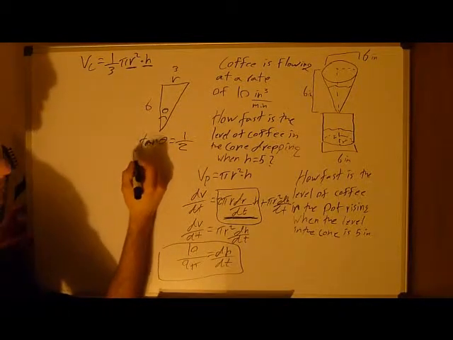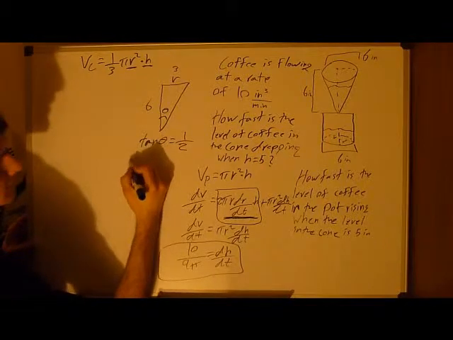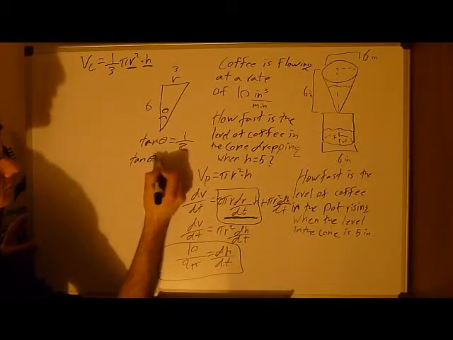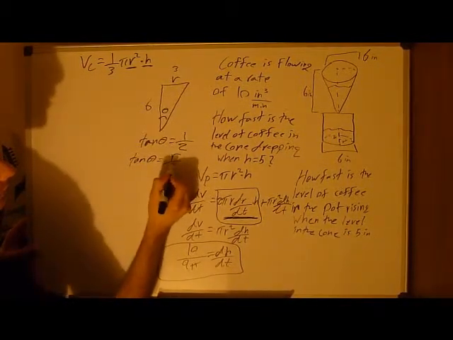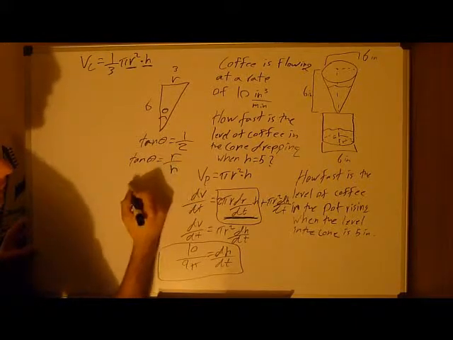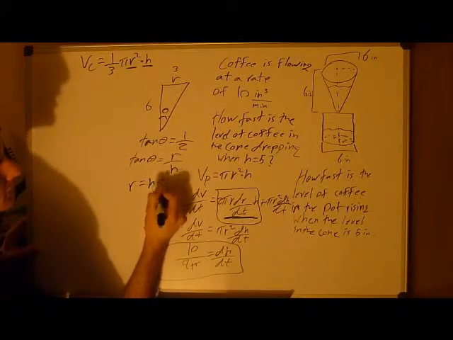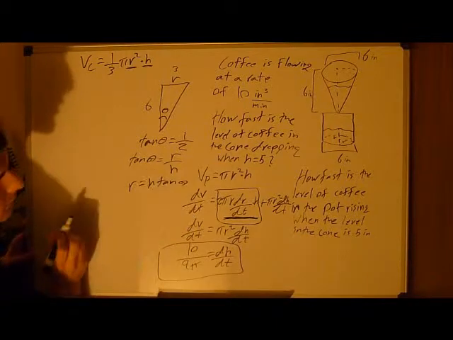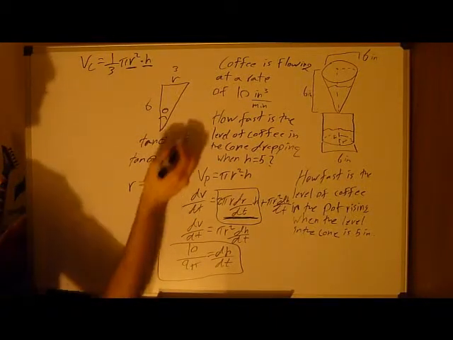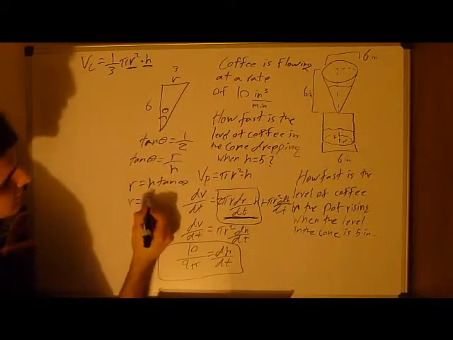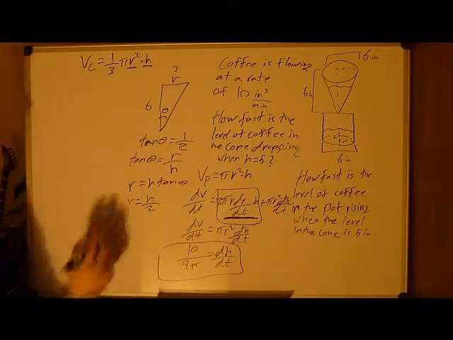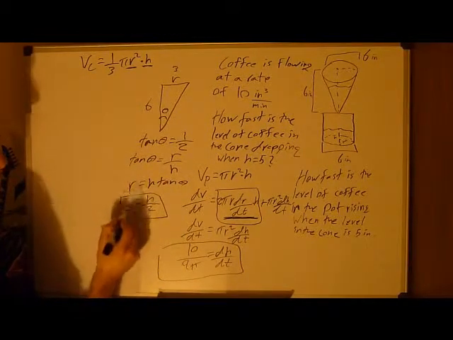Now, here we're going to find the relationship. Tangent of theta is equal to r/h. r is equal to h tangent of theta. Well, tangent of theta is 1/2, so r is equal to h/2. We found the relationship.